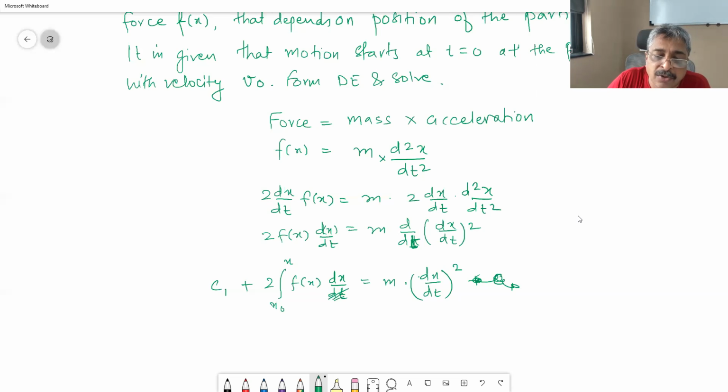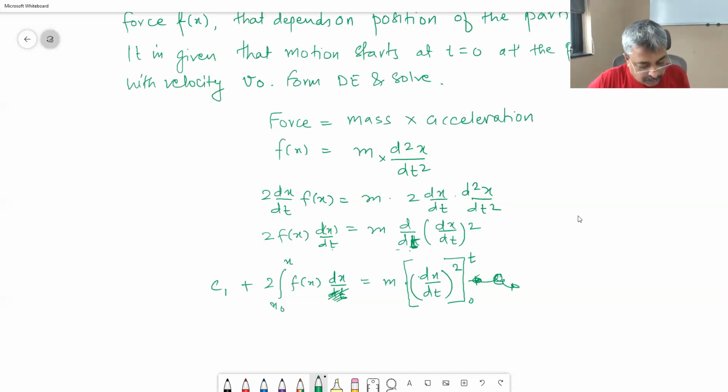So this dt is not going to be there because the dt from both sides, when we are taking the integral, will get cancelled, and it is 2 times integral x naught to x f of x dx, and this is to be evaluated from time 0 to t. Correct?